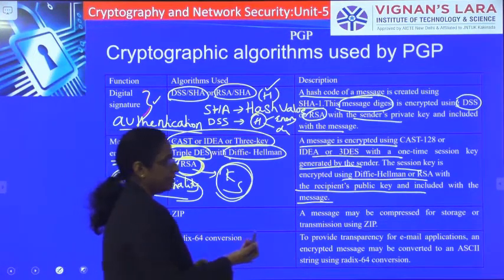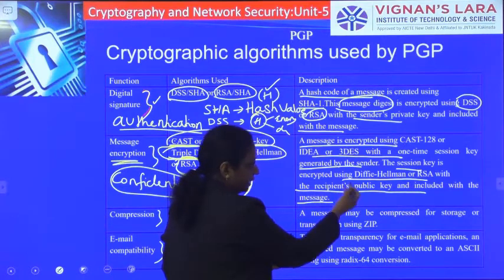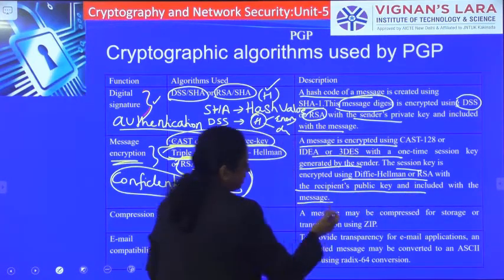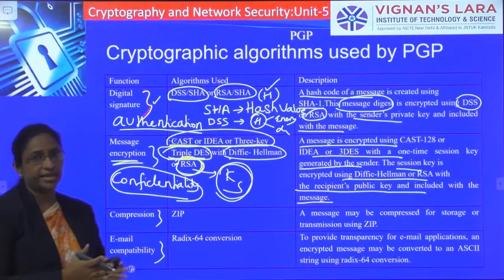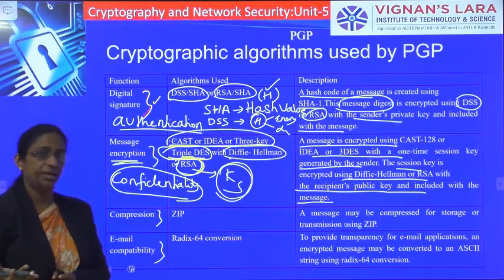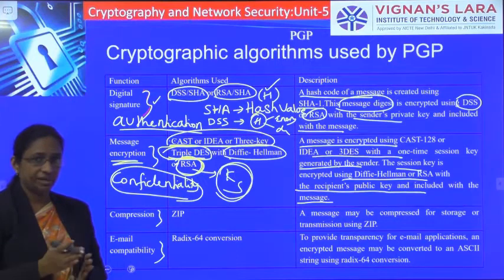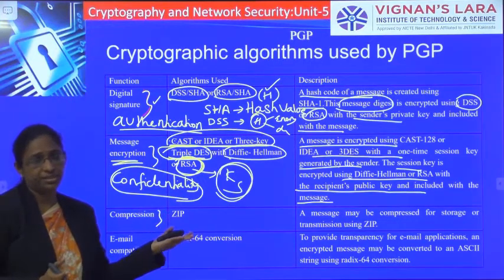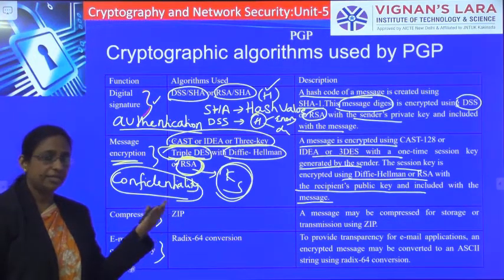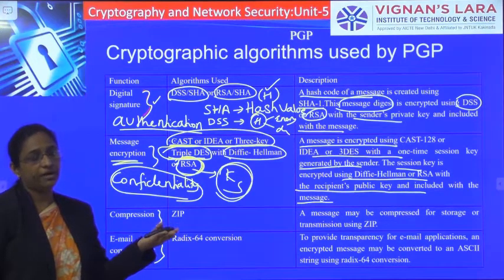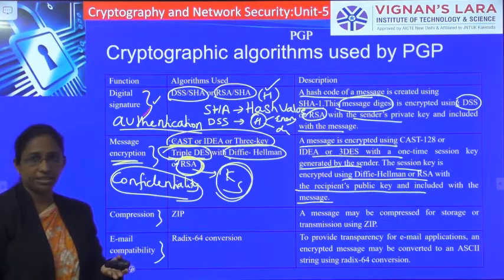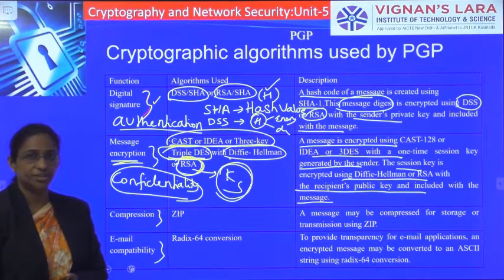So the encrypted session key is attached with the message and sent to the receiver, where the receiver detaches the encrypted session key and the message, decrypts the encrypted session key, and thereby obtains the session key. By using that session key he decrypts the message.